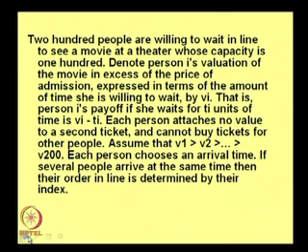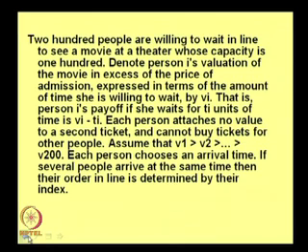Denote person i's valuation of the movie in excess of the price of admission, expressed in terms of the amount of time she is willing to wait, by Vi. That is, person i's payoff if she waits for Ti units of time is Vi minus Ti. Each person attaches no value to a second ticket and cannot buy tickets for other people.